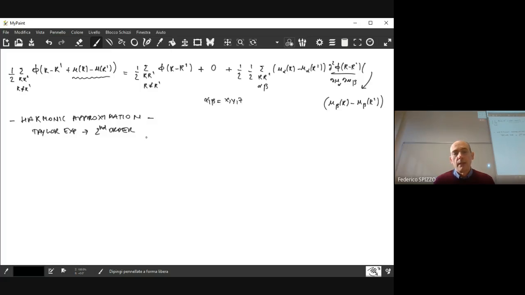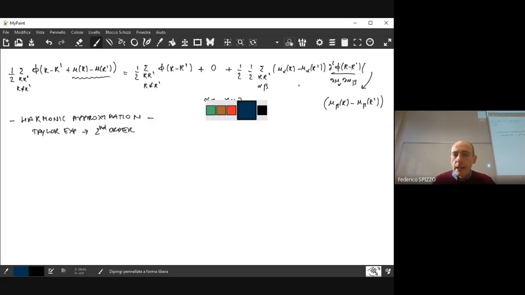And in this case, when you investigate properties at room temperature or at a temperature close to room temperature or below, the harmonic approximation can be considered to be fine. In case one is interested in higher temperature properties, then the contributions of the third order, fourth order have to be included to have a more detailed description of the properties of the solid. But in this case, stopping at the second order is enough.